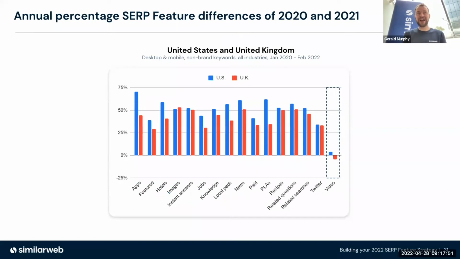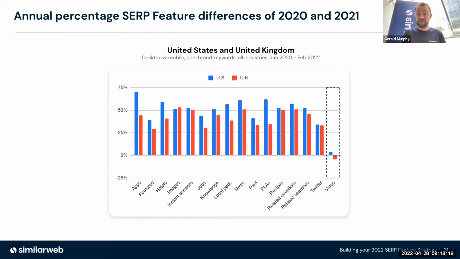Now, when we look at the annual differences in terms of the SERP features, looking at 2020 versus 2021, we can see that all SERP features, excluding video, are increasing significantly in both markets. Interestingly, in the United Kingdom, video is on a slight decline phase annually. But then again, Google owns YouTube, which is essentially a search engine itself.